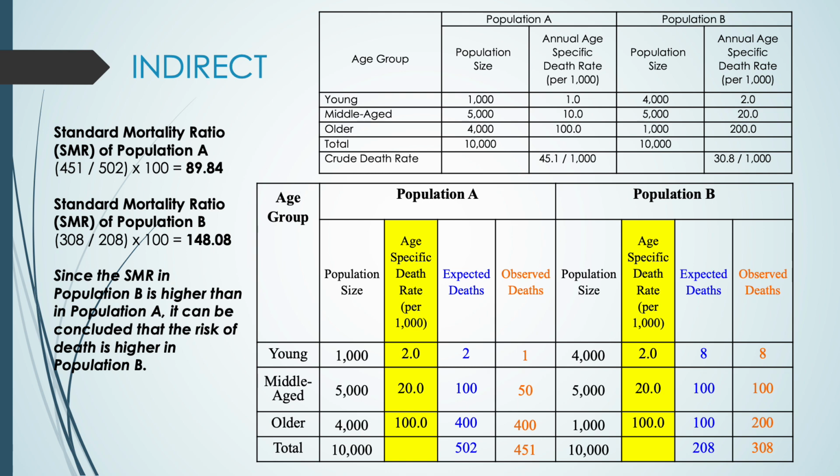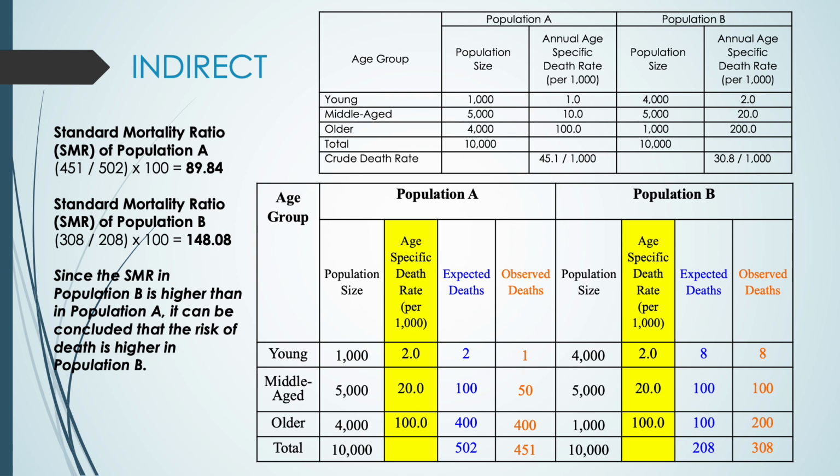So for the young class, since population B has a higher population size of 4,000 compared to A, which is just 1,000, we borrow population B's annual age-specific death rate, which is 2, and put it in the corresponding highlighted part. Then for the middle-aged class, since they have equal population, we just take the higher annual age-specific death rate, which is 20, and put it in the highlighted part.